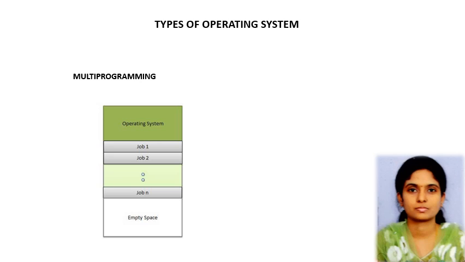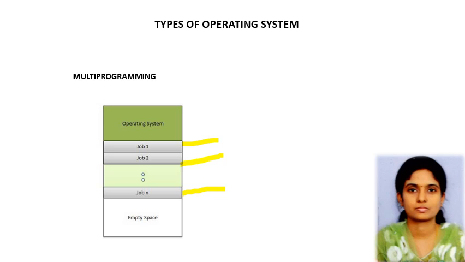This is the basic concept of multi-programming. Here, this is the total operating system, and job 1 is program 1, job 2 is program 2, and job n is program n. As the jobs increase, this empty space will be filled.